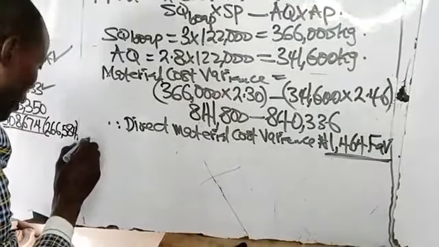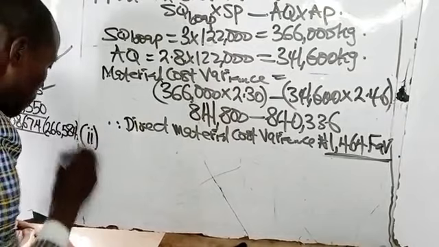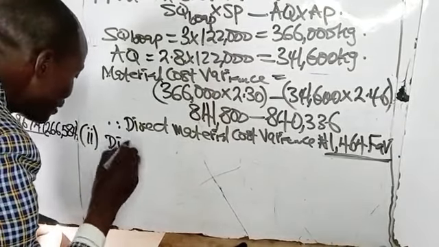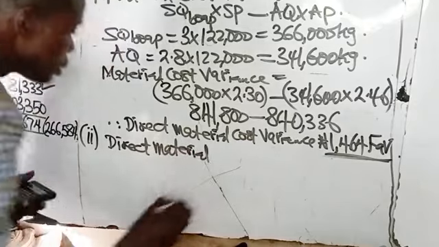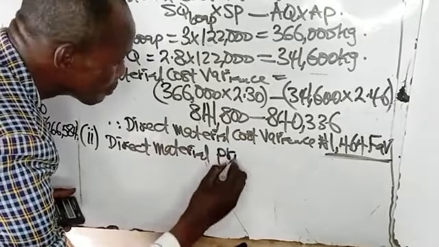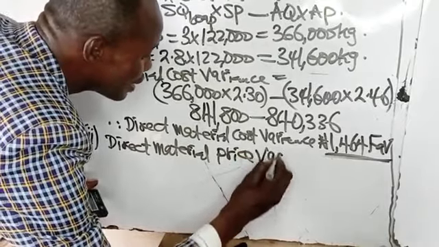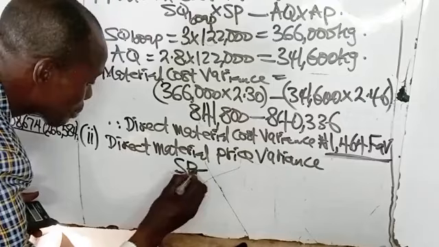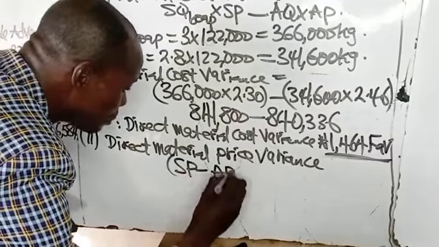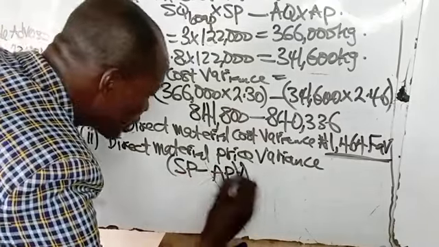Then you can as well compute direct material price variance, which is standard price minus actual price multiplied by actual quantity purchased.